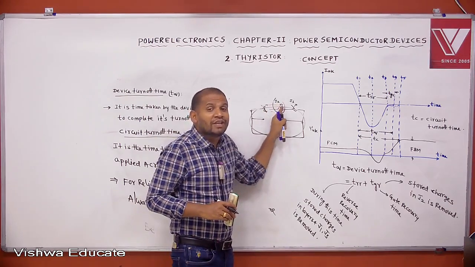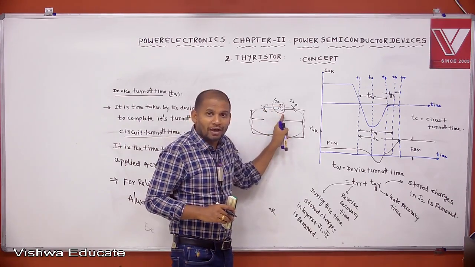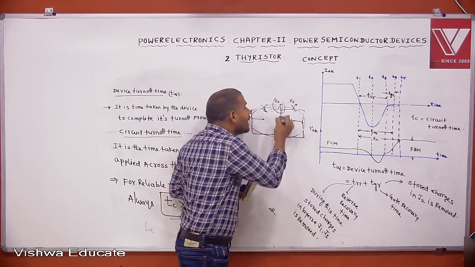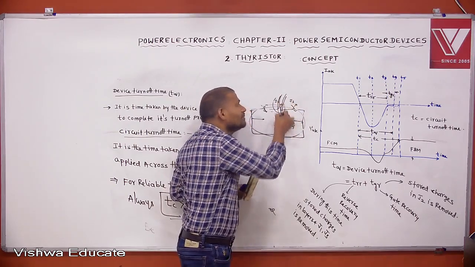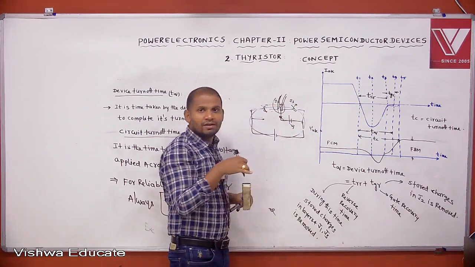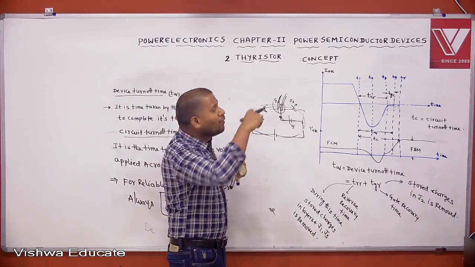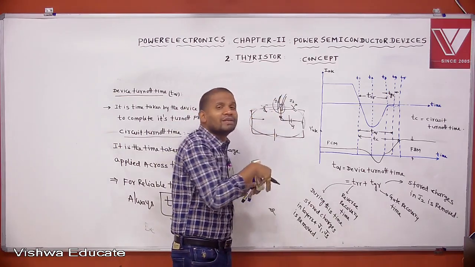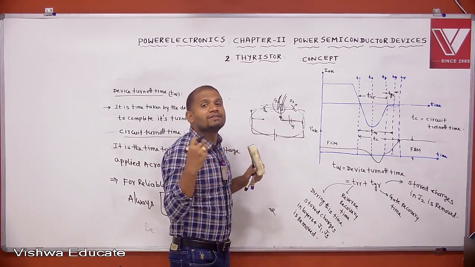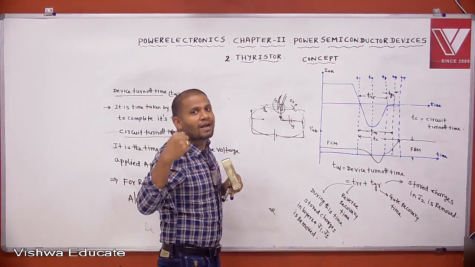Even so, by connecting the gate supply, we inject some extra charge carriers. Because extra charge carriers are injected, it becomes the more saturated junction. That's why extra time is taken to recover the J2 junction, to remove those charge carriers.